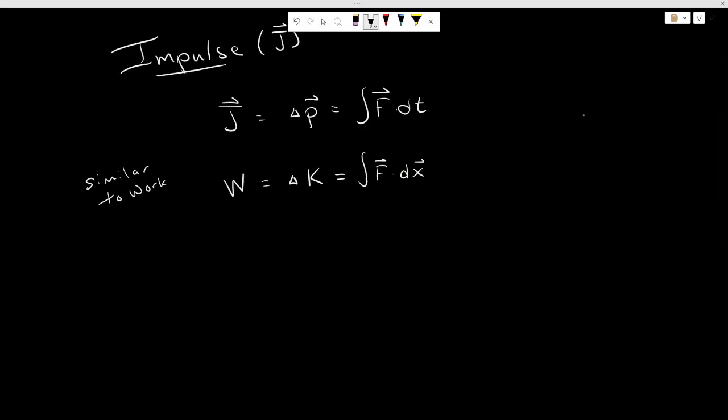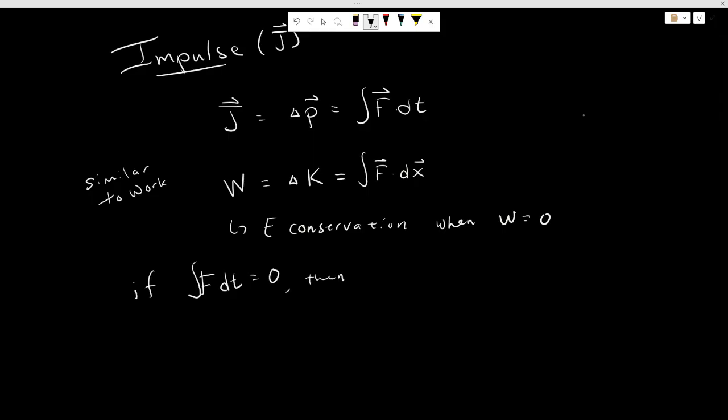Really, what we talk about a lot with work is energy conservation. So if there's no work done, then we have energy conservation. In this case, if the integral of F dt equals 0, then p is conserved.